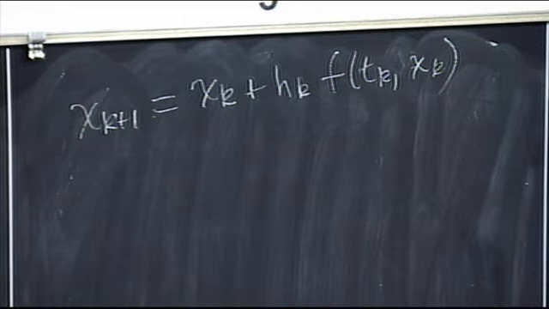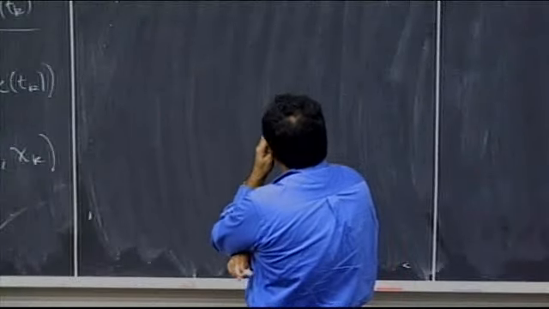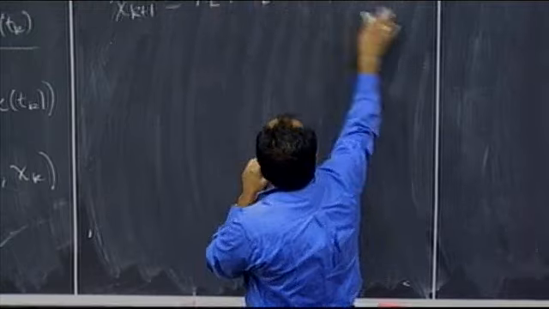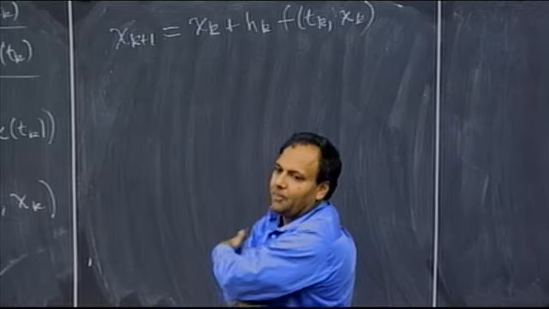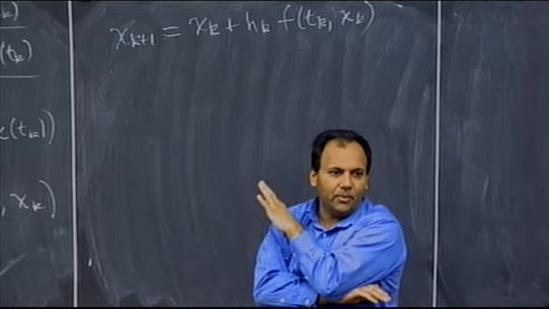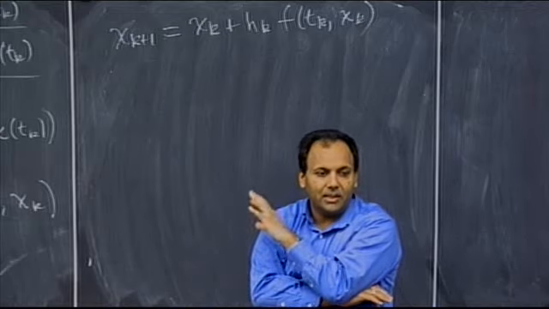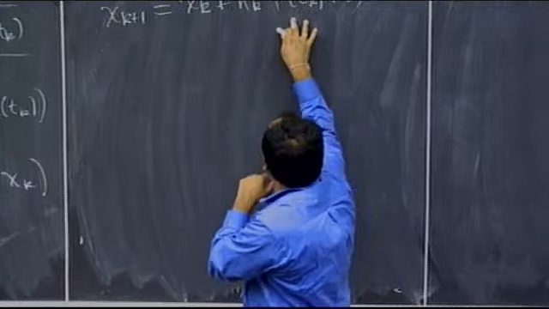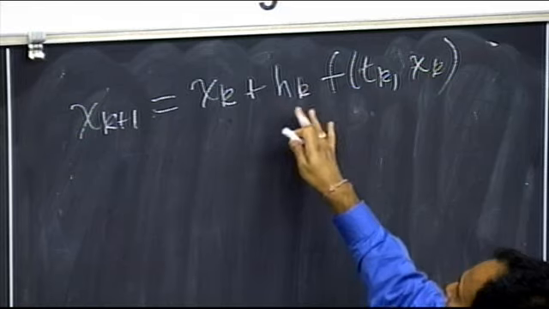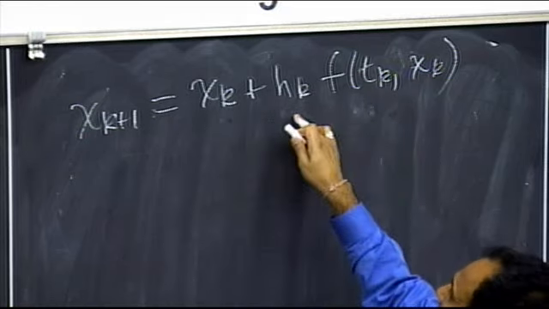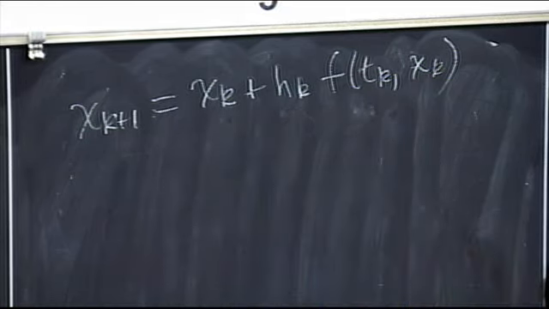Because that's a secant approximation. And it's done in such a way that if I know everything at step k, then I can get the value at step k plus 1 simply by evaluating everything at time tk, substituting into the right-hand side, and then adding a multiple of this right-hand side, which is the step, to the value, right? So that gives me a time march forward.